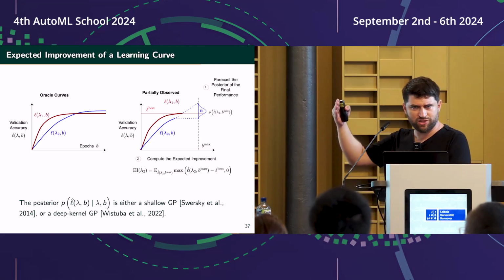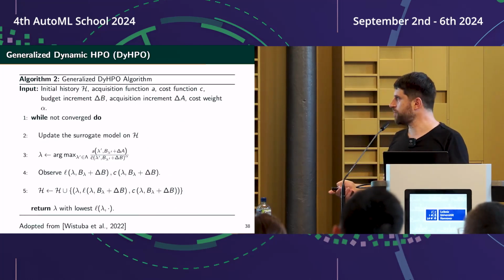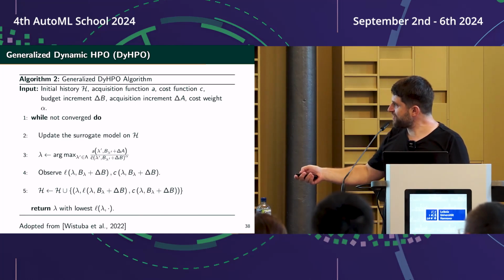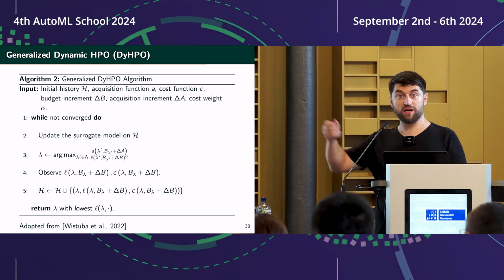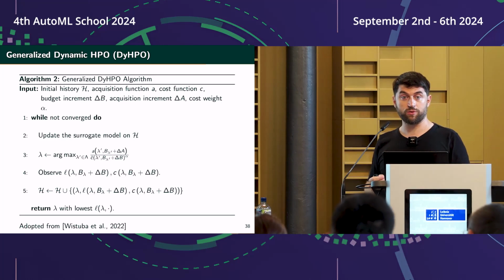Some authors check the performance at the next epoch. Some check the performance at the final epoch. And then what we do is advance the particular learning curve that was selected to have the highest expected improvement by one more epoch. So we decide to give one more epoch to that configuration.